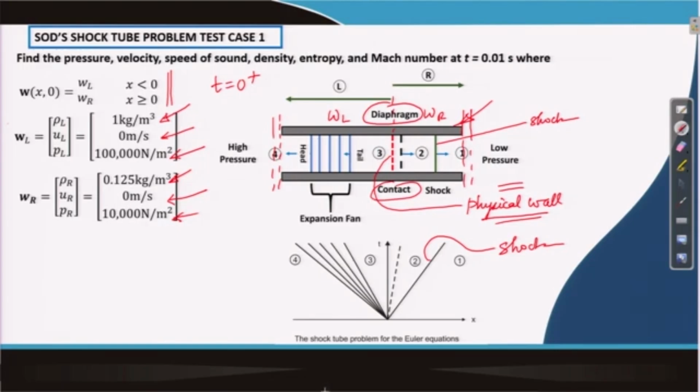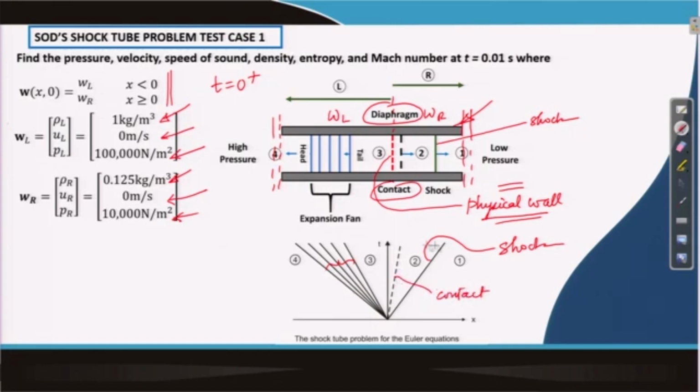For example, entropy can change across this contact discontinuity, but you cannot have a difference in pressure, for example. And then beyond that contact discontinuity, to the left end of the shock tube, you will find an expansion fan running away, which is shown through this region. Of course, as you can understand, all those lines are essentially characteristics, and this dotted line is the contact.